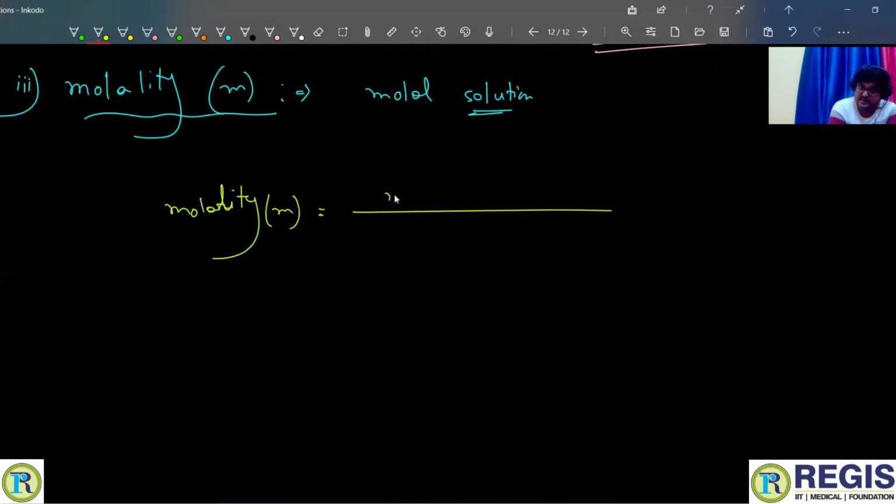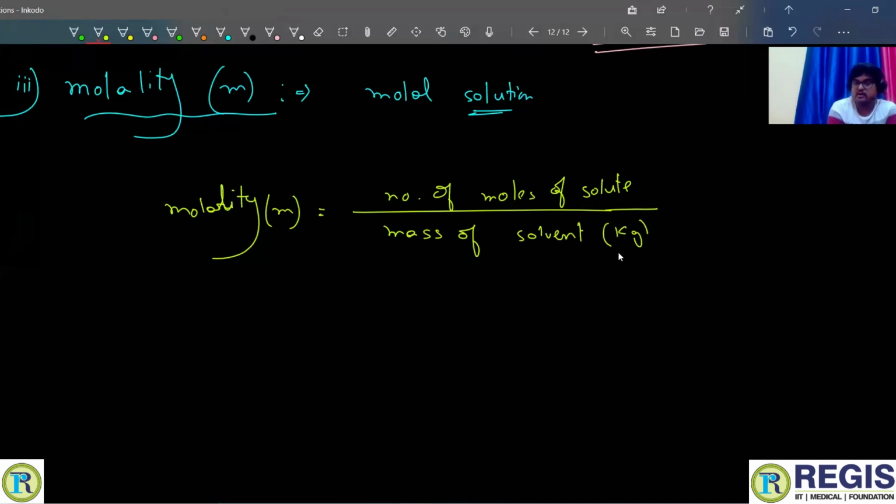The upper part is same, number of moles of solute. Up to that part, the lower one is solution, but in this case, this one is solvent. Mass of solvent in this case.